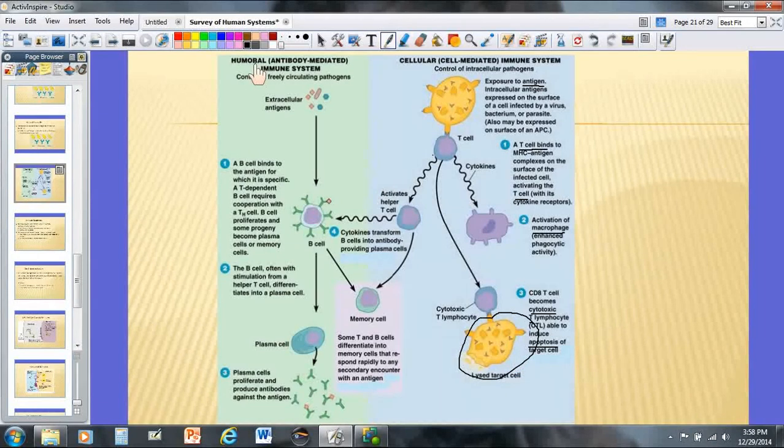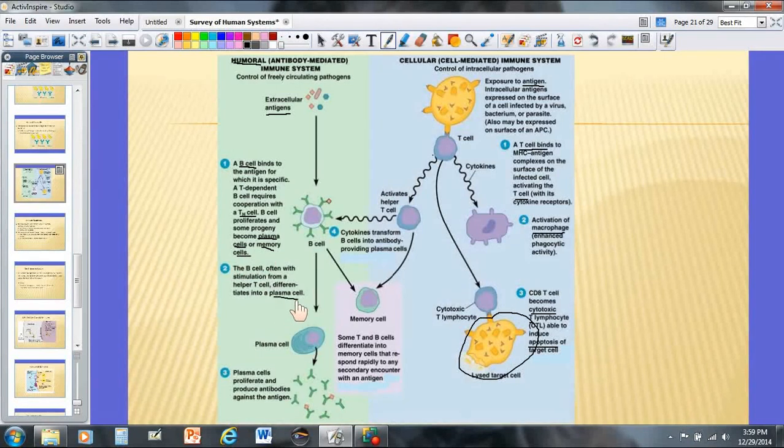If we go over here to the humoral immune system, there's our antigens. They activate the B cells, which in turn will work with the T cells and create the plasma cells and the memory cells.